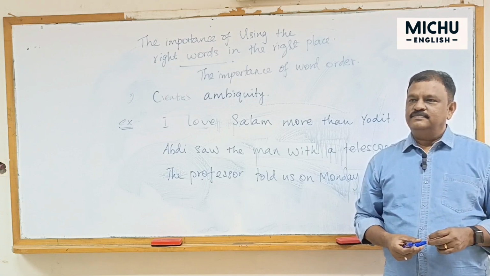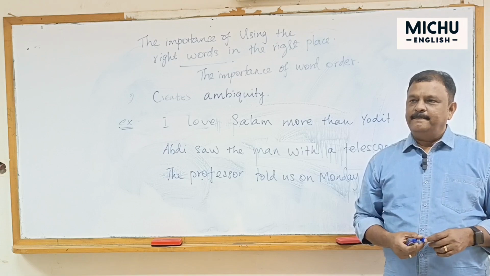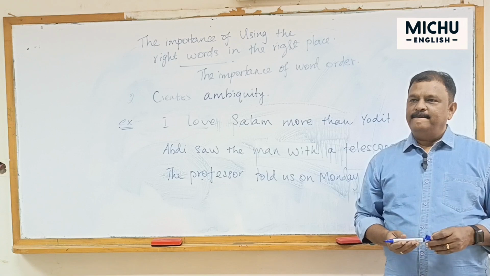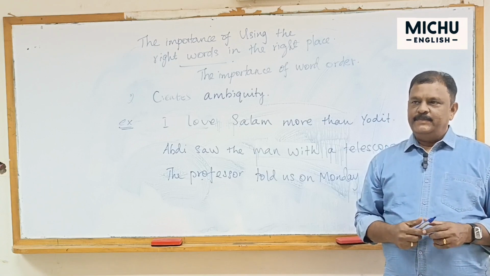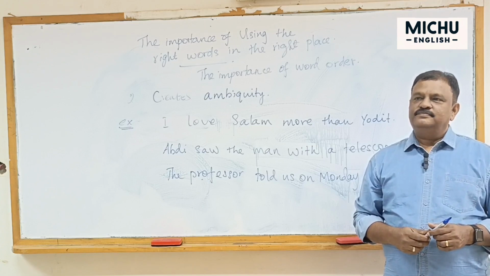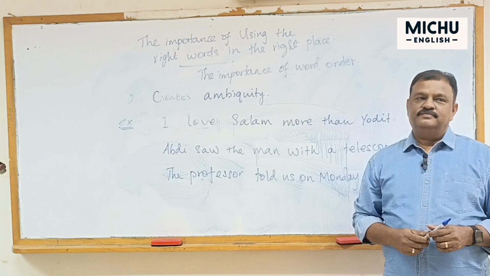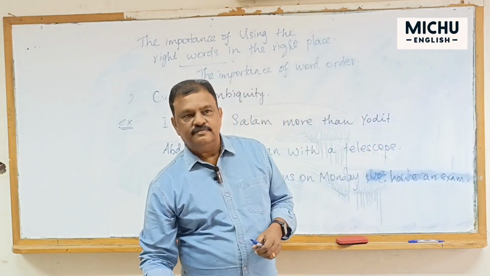So the exact meaning, which avoids confusion, is the way I say: I love Salam more than Yoni does. For the second meaning, you can say: I love Salam more than I love Yoni. This is the way you can be very right.